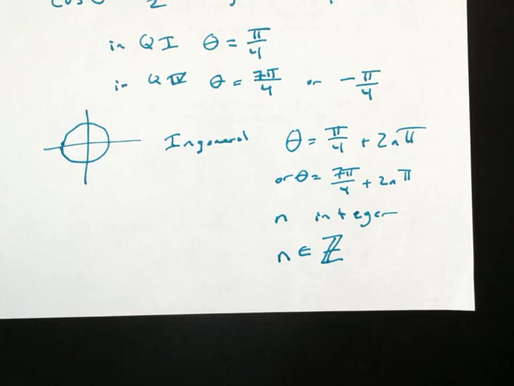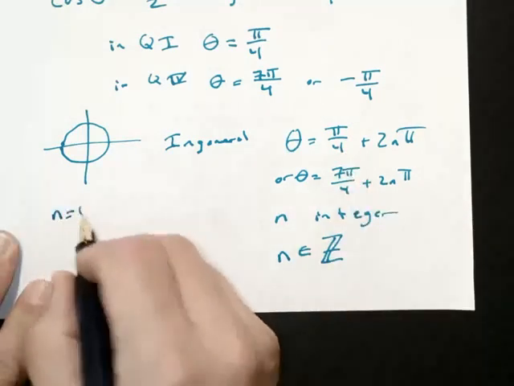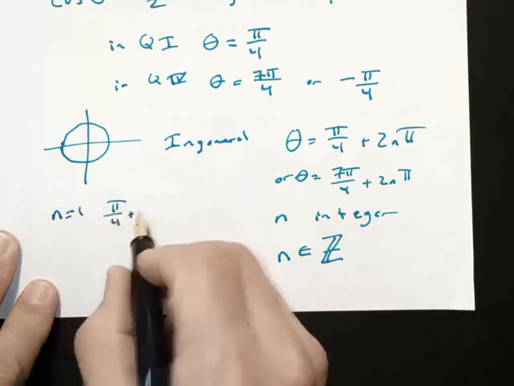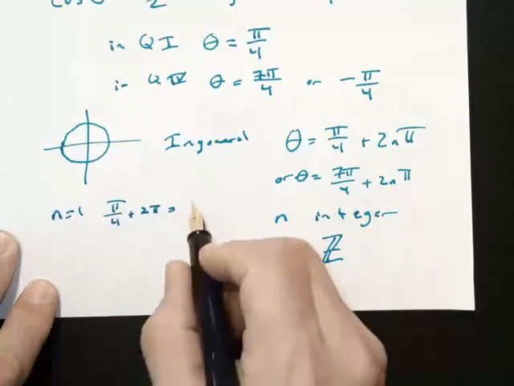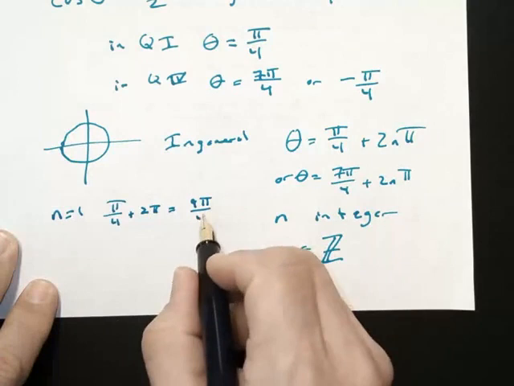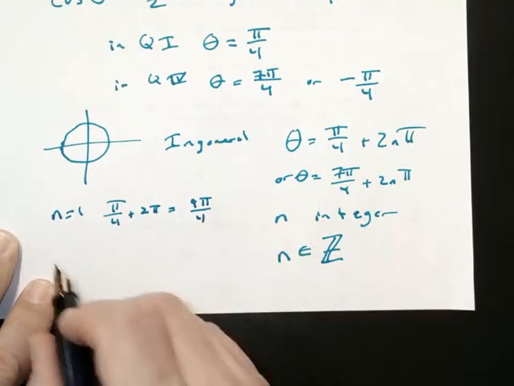David, I wanted 6 specific examples, right? Pick a value for n. If I pick n equals 1, I get pi over 4 plus 2 pi, which is 9 pi over 4.